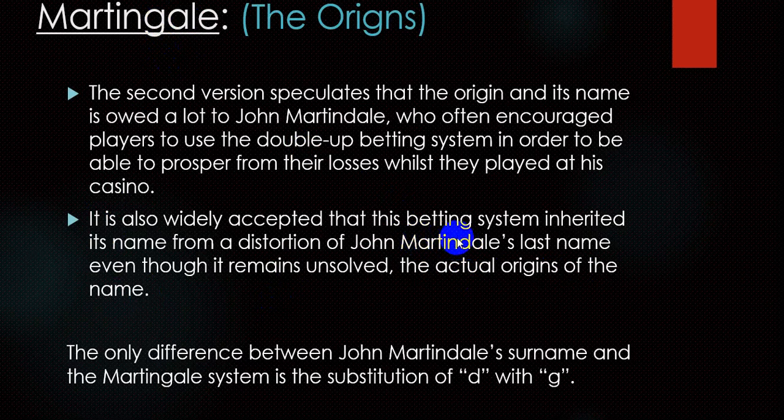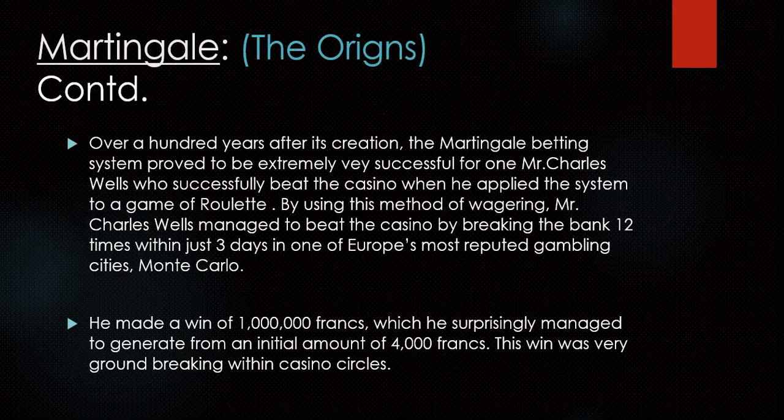So that's that. The story goes on to say that over 100 years after the martingale system was created, there was somebody called Mr. Charles Wells, who successfully beat the casino when he applied the system to a game of roulette.